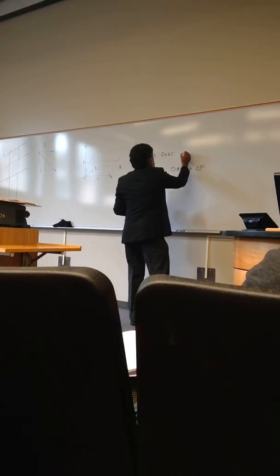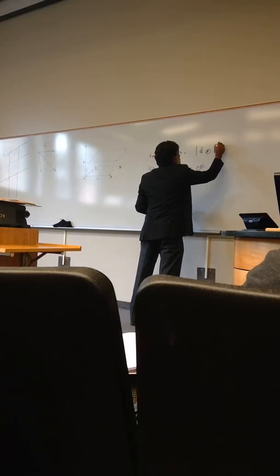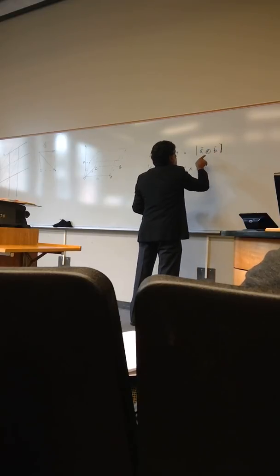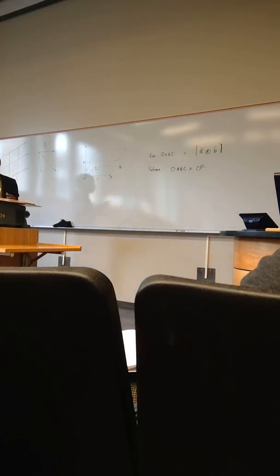And this is equal to the magnitude of the vector A. I normally use this cross with a circle for a cross product, so you don't mix it up with a multiplication.